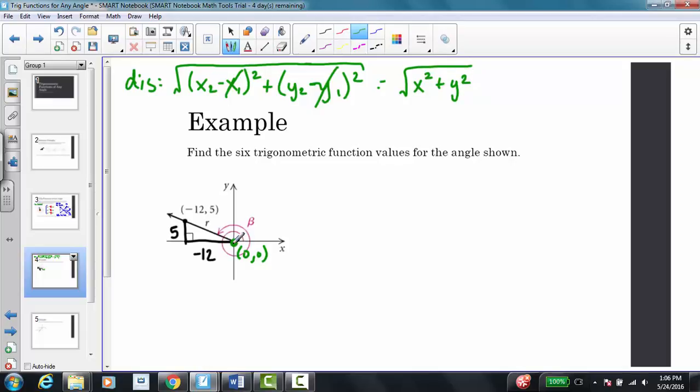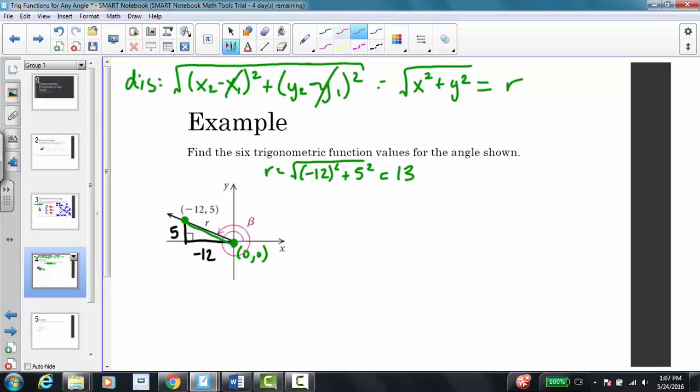The distance between the origin and the second point they gave me is in fact my r. So r equals the square root of x squared plus y squared. I can now find r. r is going to equal the square root of negative 12 squared plus 5 squared, and that's going to give me 13.